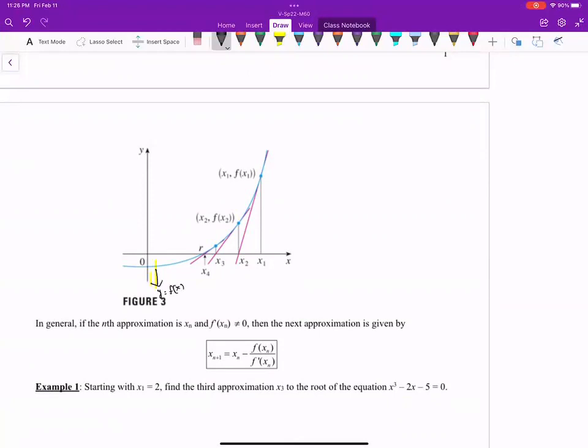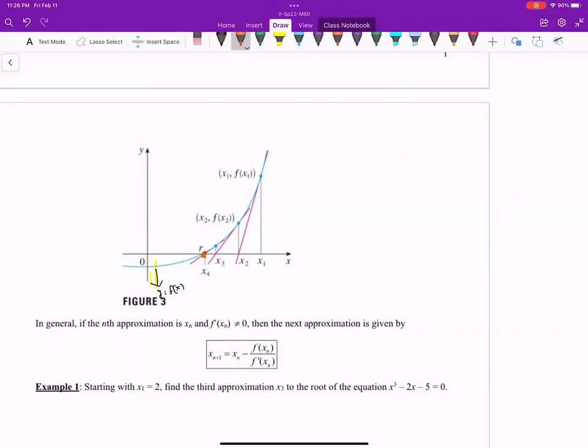We want to find the approximate value of the root of the equation. Let's say the actual root lies here. It's not an easy number, not a whole number. It may be like 2.1113 something. So that is the actual root.